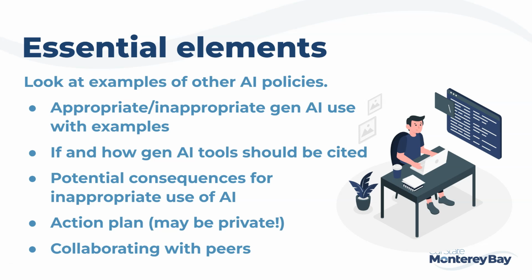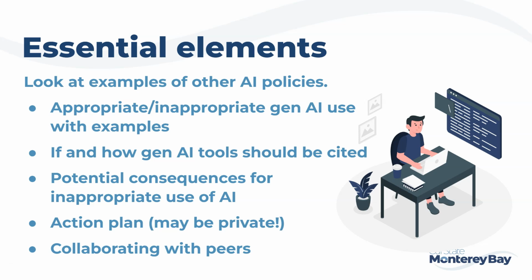This can help illustrate acceptable use scenarios so that your learners are aware of the difference between what's permissible and what is not permissible. Another item to include in a classroom AI policy is if and how generative AI tools should be cited when used. Examples are incredibly helpful here as well.